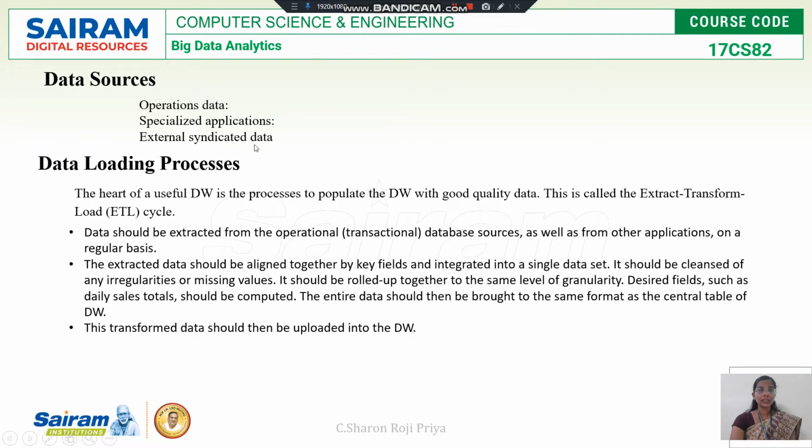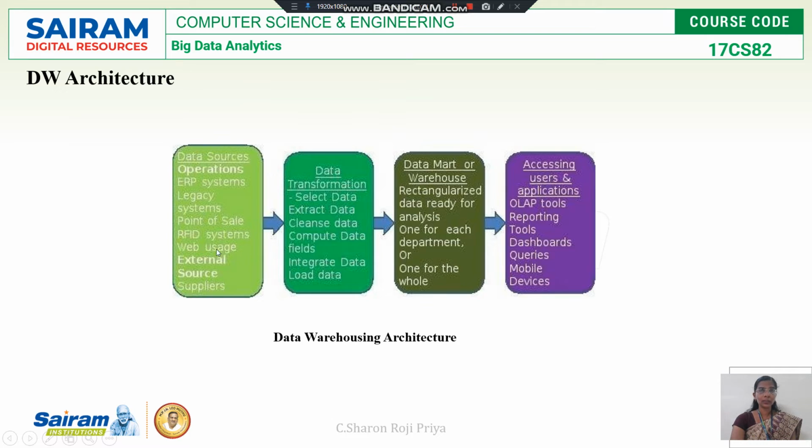Next is external syndicated data, like data related to weather and economic data. So here in the first step, I collect raw data from different sources, and I transform it. I load it into either data mart or data warehouse for mining or analyzing.